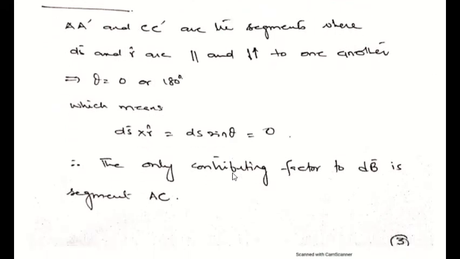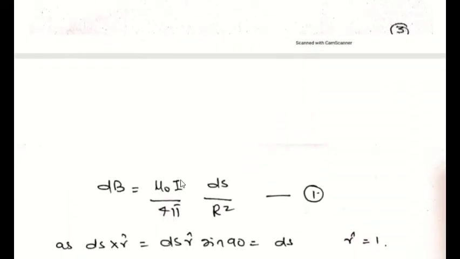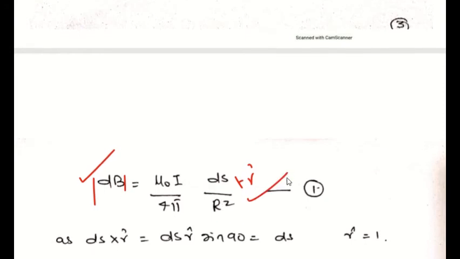Okay, now to find dB, what will I do? I'll simply write the Biot-Savart law, that is mu naught I over 4 pi ds cross unit vector r over r square. The angle is 90, so sine of 90 will give me 1. So now I can take the mod, and I have written it for the magnitude.